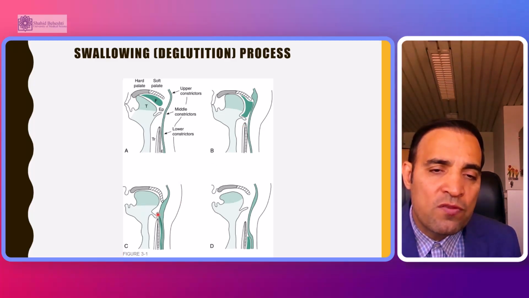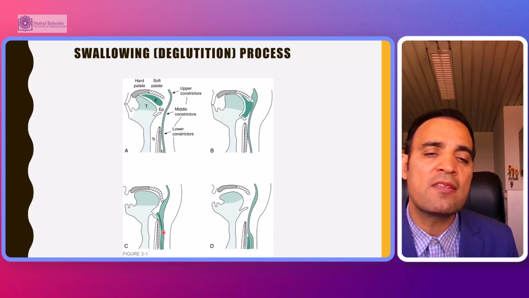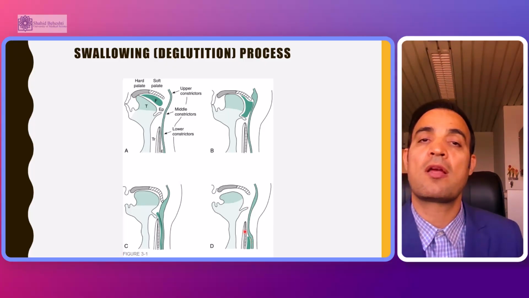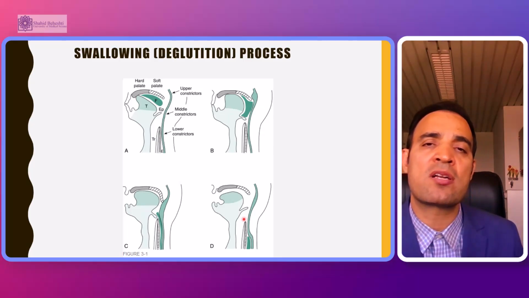And now the food has just one way to enter the esophagus. And as you see in figure D, this food enters the esophagus. When food enters the esophagus, then the airway is able to open and allow our respiration to happen.